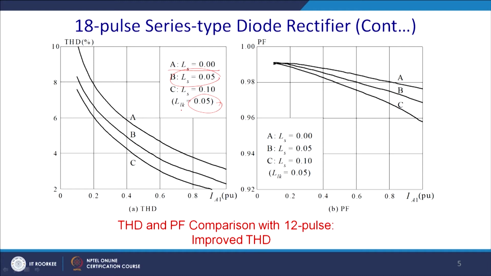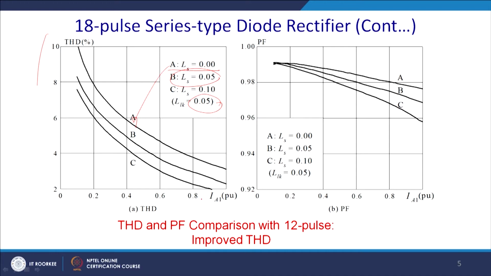As you can see, this is the THD in light load. THD will be high, and this one corresponds to the zero source inductance. Higher source inductance gives you better THD, but the problem will be a lower power factor.